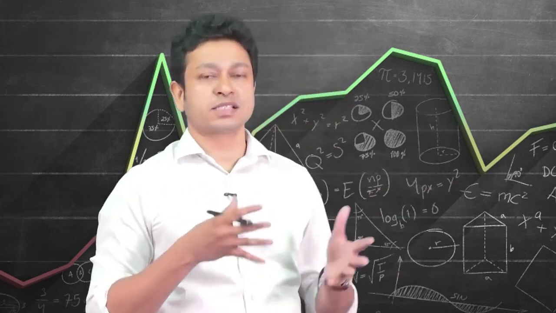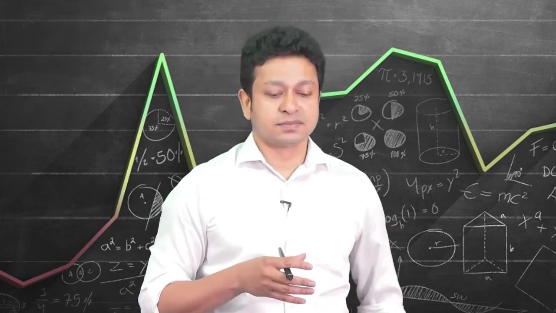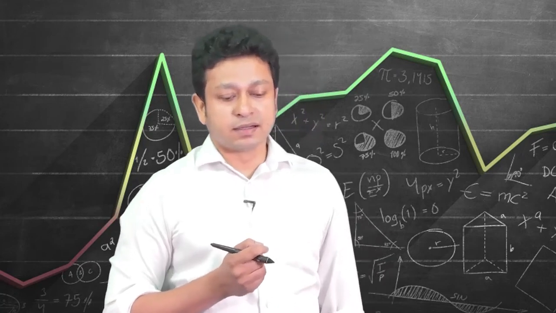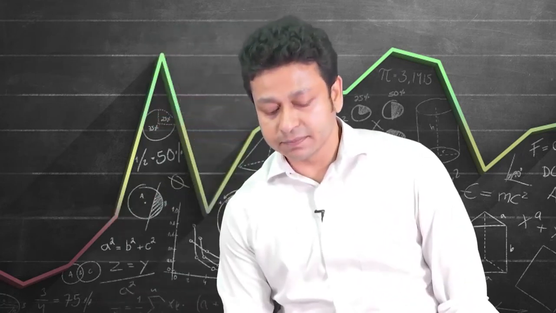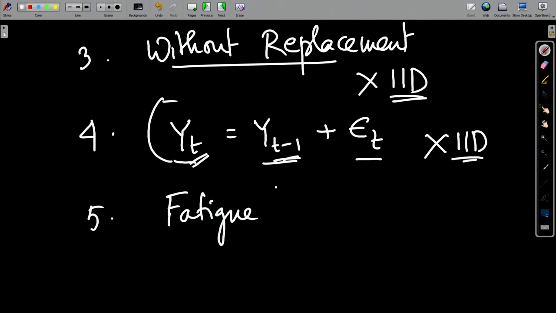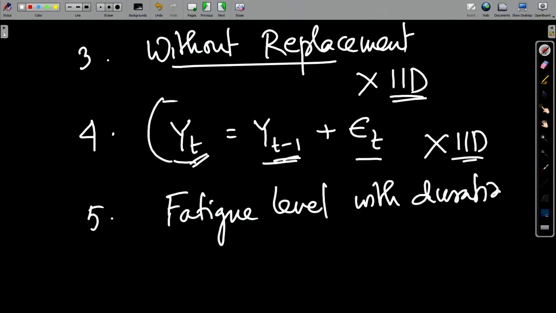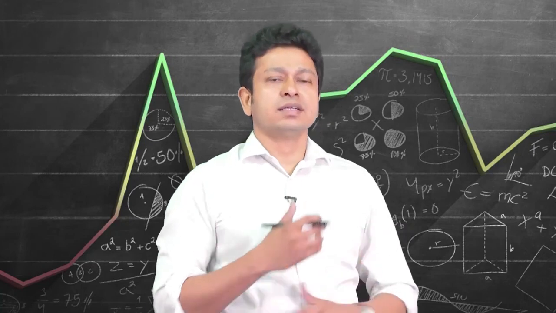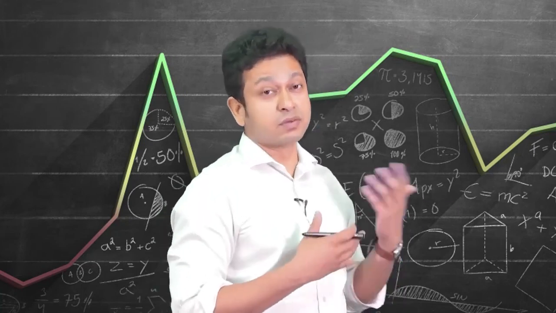This is a placement session that is going on, and the company people who have come to interview you, the interview is continuing, and let us say the fatigue level with duration of interview is changing, right, because the more candidates they interview, the more fatigued they are getting, and the decision they make is probably influenced by fatigue.